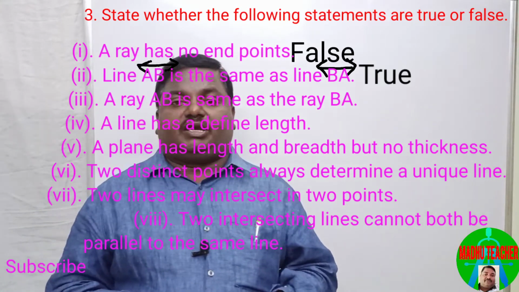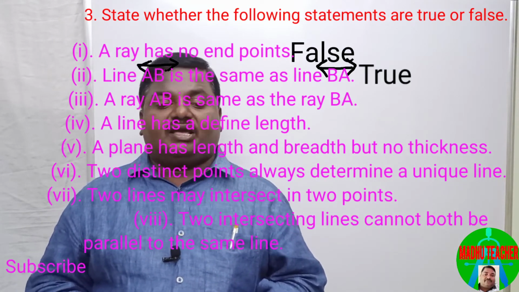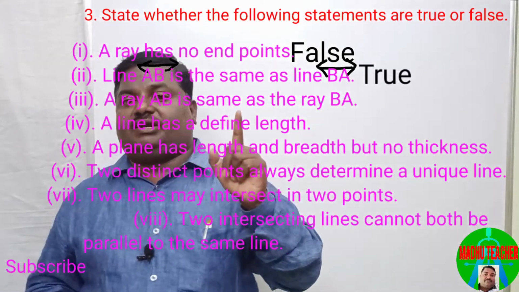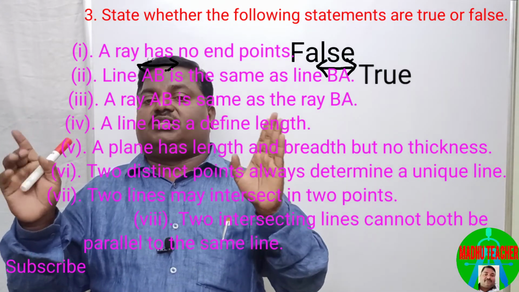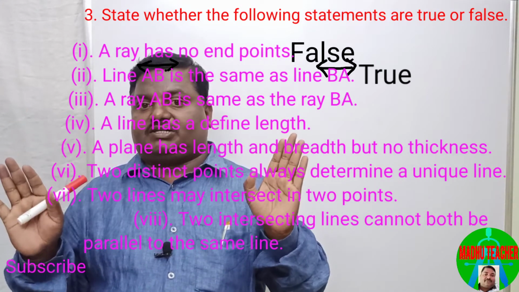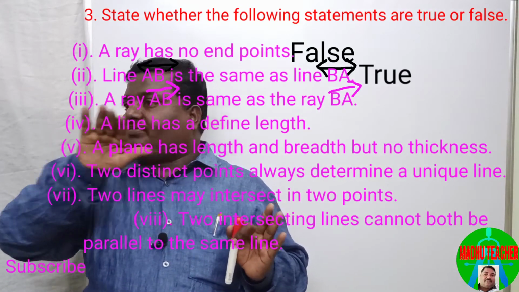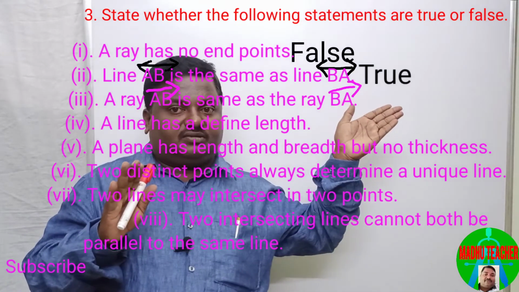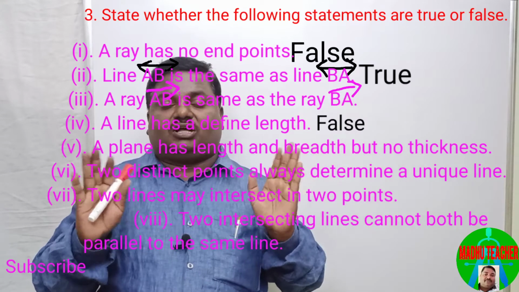Third one is, ray AB is same as ray BA. In the first, the arrow mark is at B side. In the second, the arrow mark is at A side. So these are not the same, these are different, because AB can extend to the B side and BA can extend only to the A side. So both are not equal.